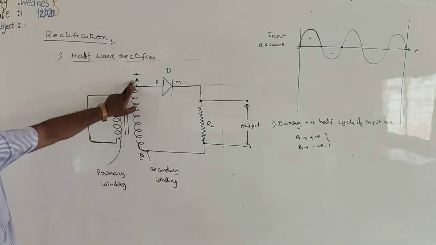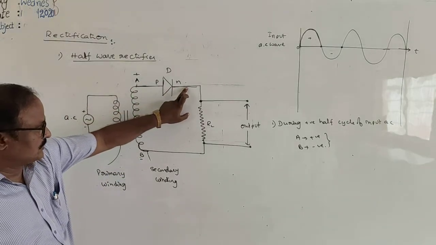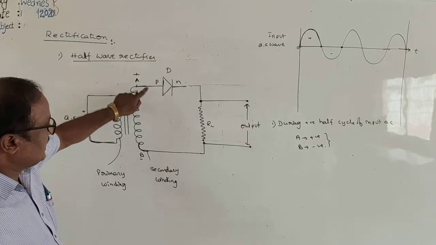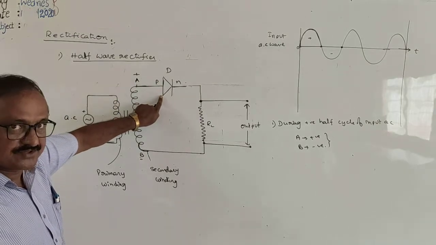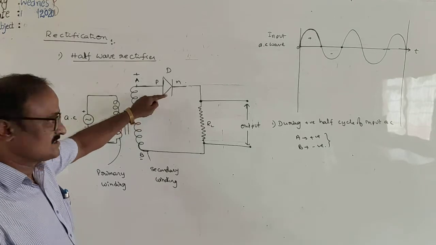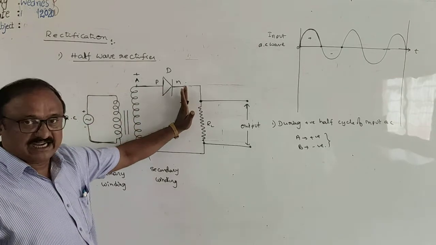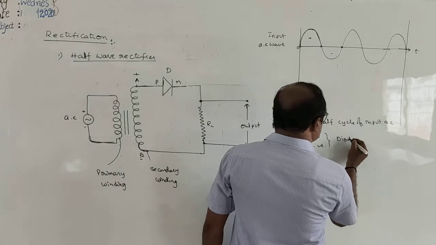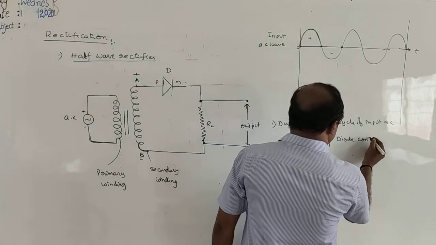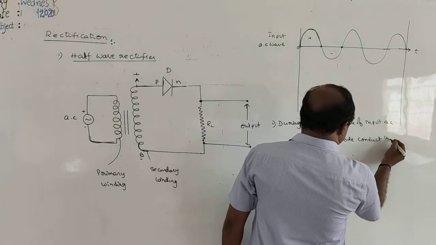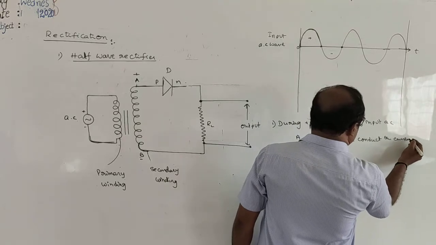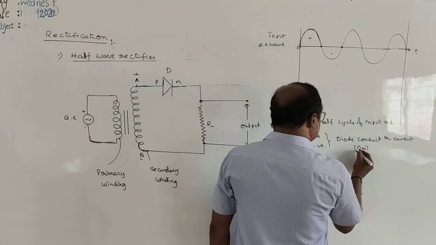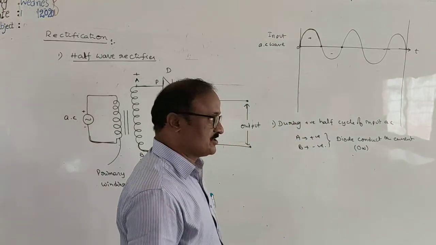A becomes positive means the diode is in forward bias. If the P type is connected to positive polarity, the diode is said to be forward biased. In forward bias, the diode can easily conduct current. Therefore, in this situation, the diode conducts the current, or the diode is said to be in the on position.